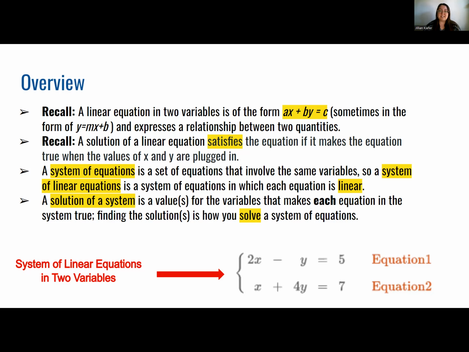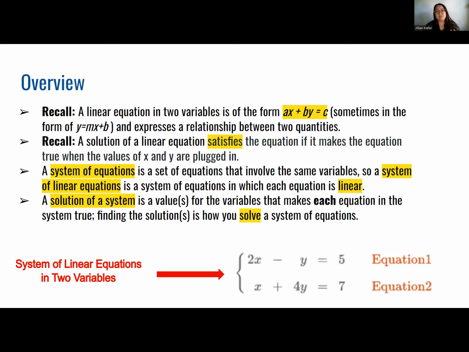So if we have a system of equations, that's going to be a set of equations. So most likely 2, potentially 3. You're not going to see it in 3, but we're just mostly working with 2 here. So it's going to be 2 equations that involve the same variables, x and y most often. A system of linear equations is a system of equations in which each equation is linear.